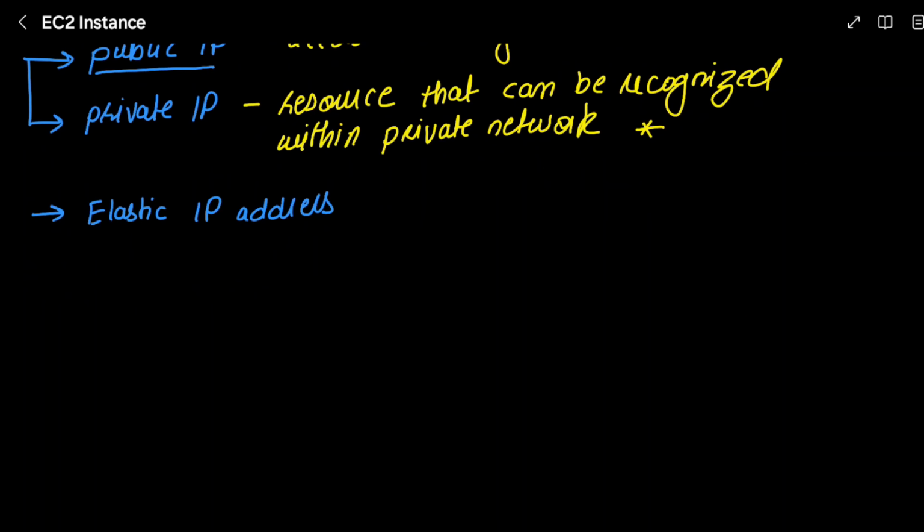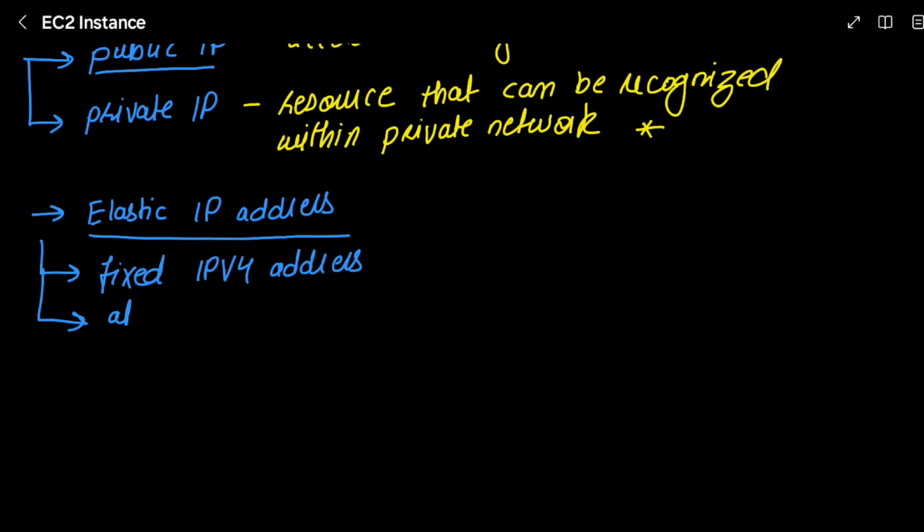So your applications might just crash if you're using those IP addresses somewhere to communicate between these EC2 instances. So that's where Elastic IP addresses come to rescue you, and they're fixed, and you can attach them to EC2 instances.